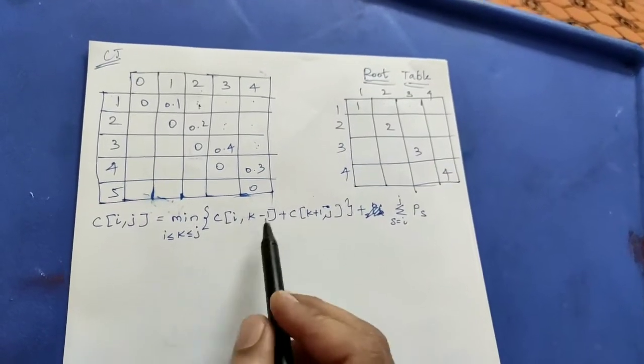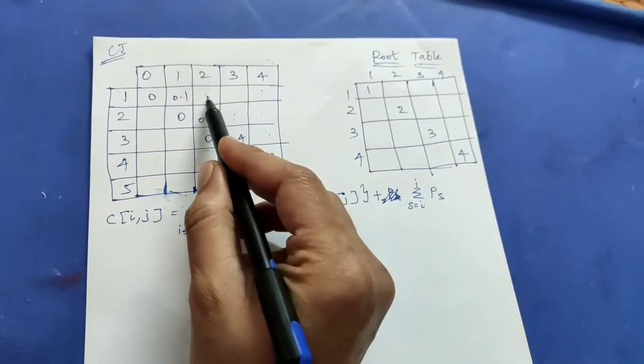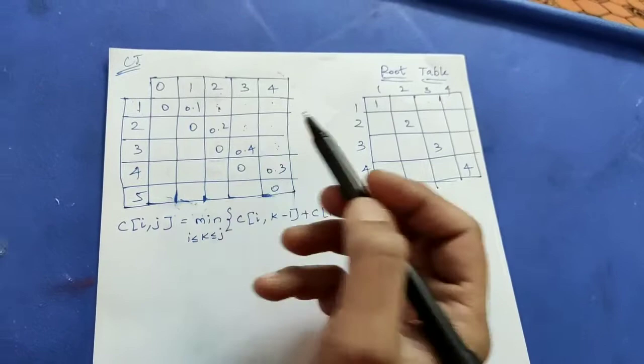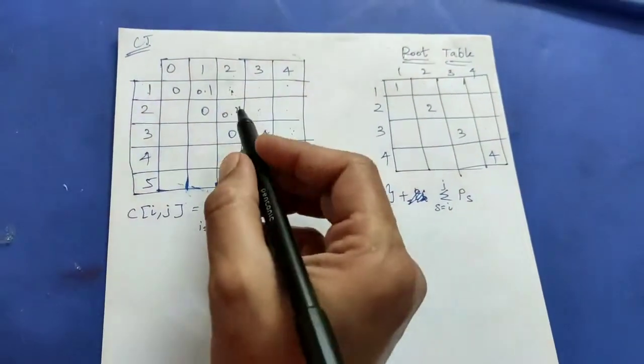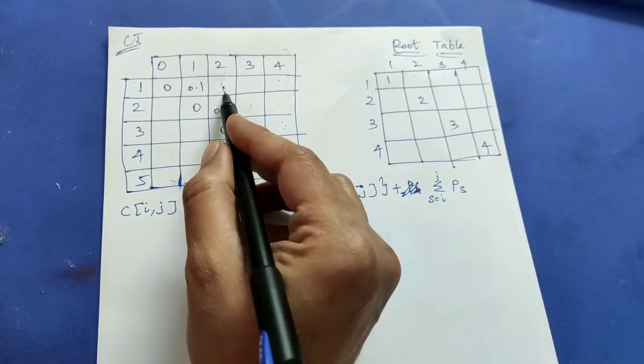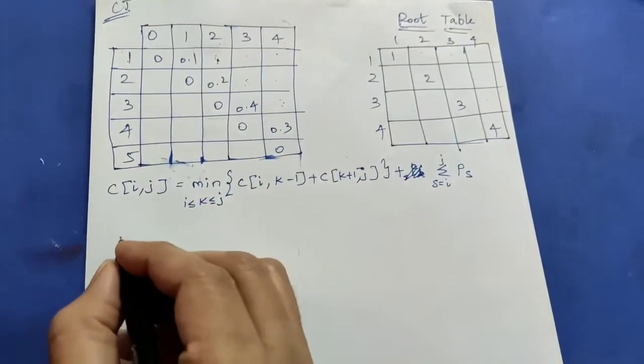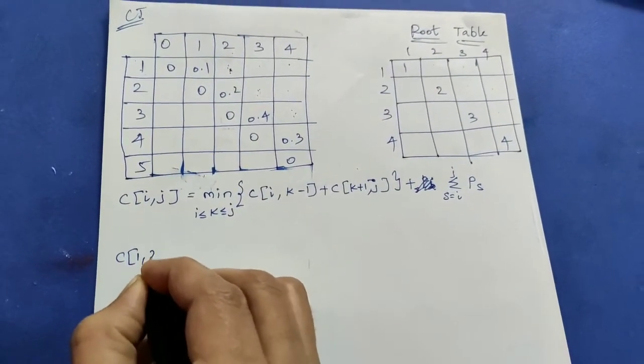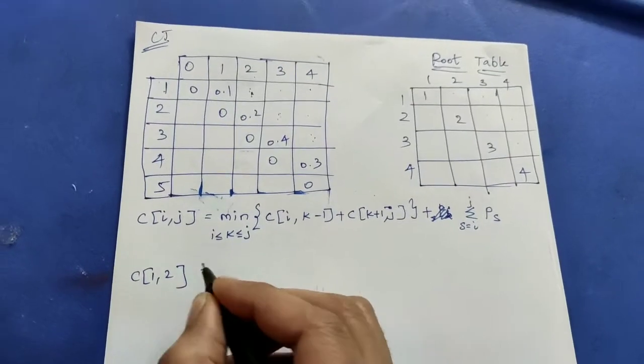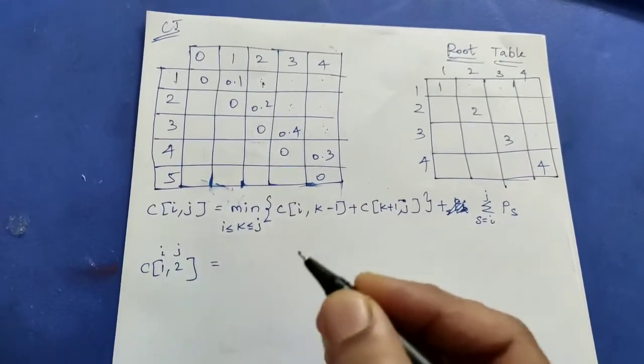We'll see how to apply this formula when I find the remaining diagonal location values. The first location I want to find is C of 1 comma 2. So let me write it, C of 1 comma 2. This is i and this is j.